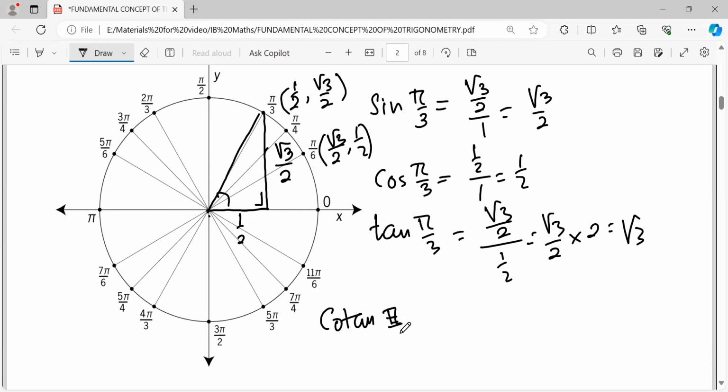Cotangent pi over 3 is the reciprocal of tangent. It becomes 1 over tangent pi over 3, so 1 over square root 3 or 1/3 square root 3.